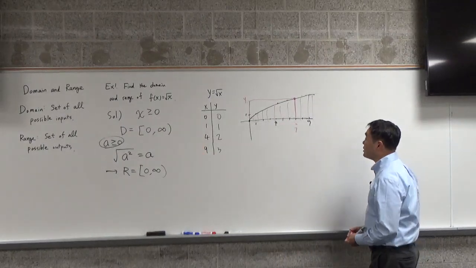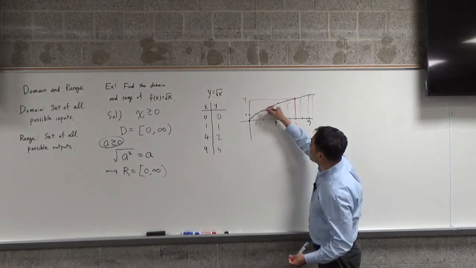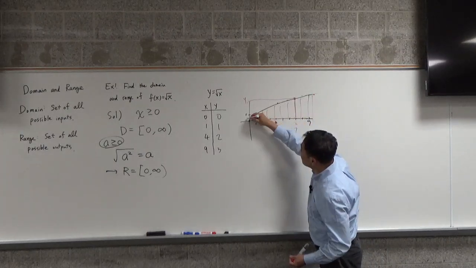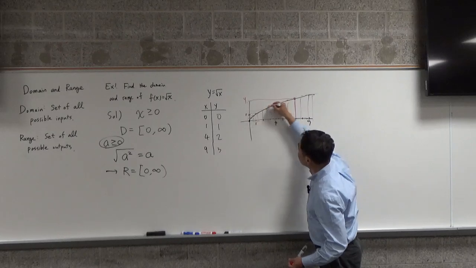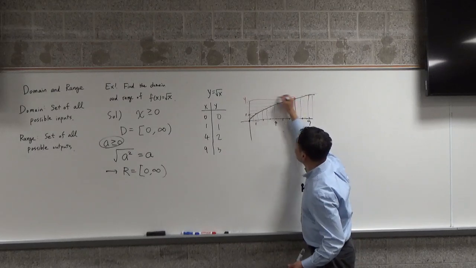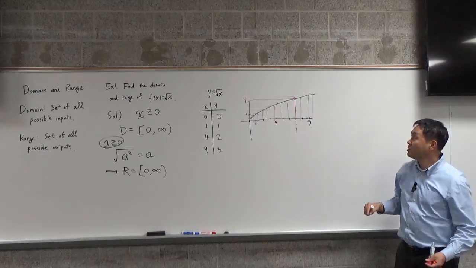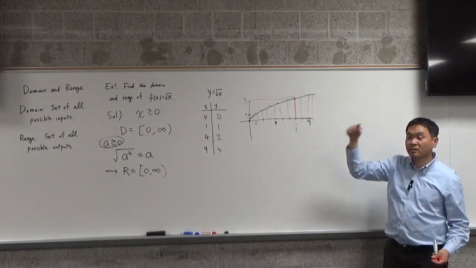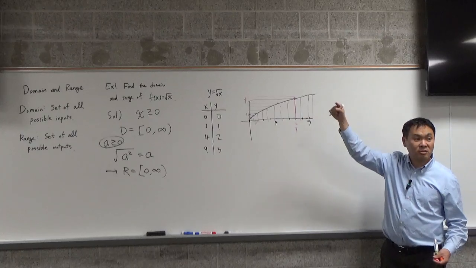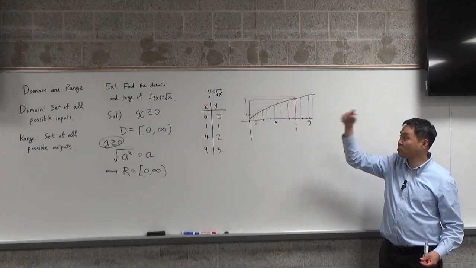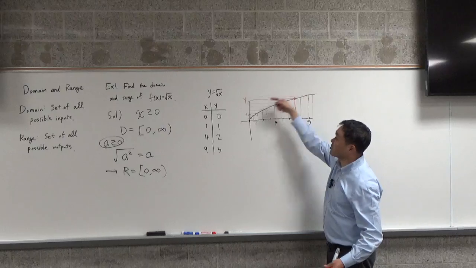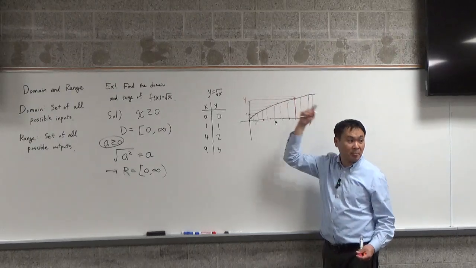In the same way, for every point on the graph, we can look at its y value by drawing a horizontal line towards the y-axis. Then we see that, again, all the y values are targeted from some point, right?